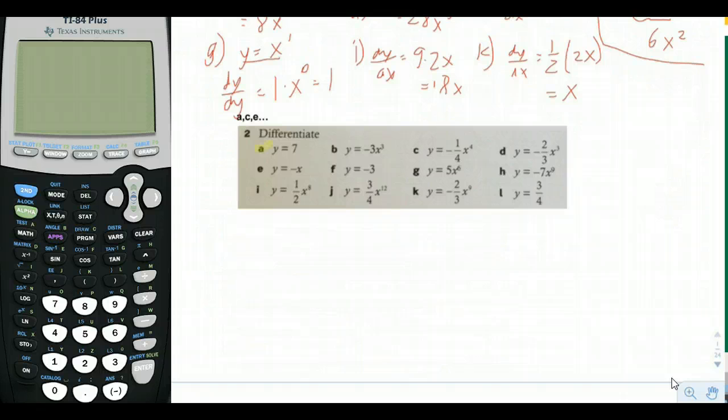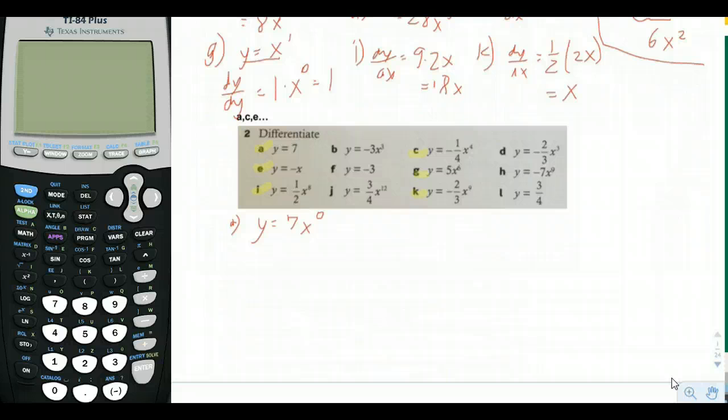Okay, so now we're still just going to do the odds here. Differentiate. If we differentiate y equals 7, y equals 7 is the same as y equals 7x to the 0, because x to the 0 is 1, right?